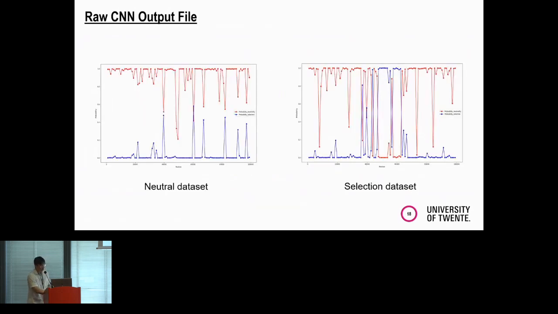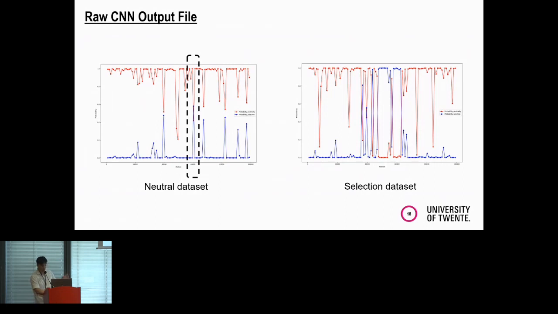These 2 figures show the raw output from the CNNs, and on the left is the neutral data set. Here we can observe that some points in the neutral data set were misclassified as a selective sweep.